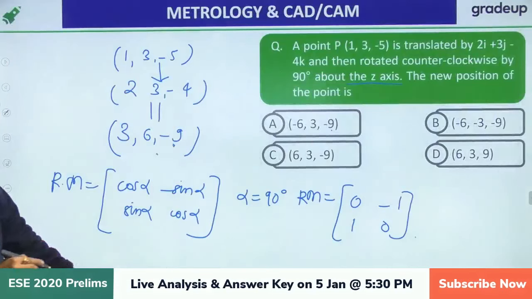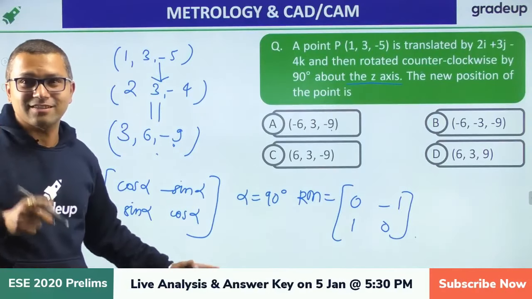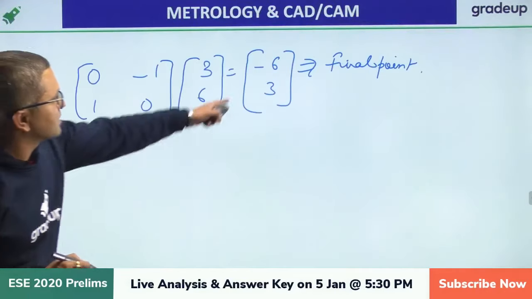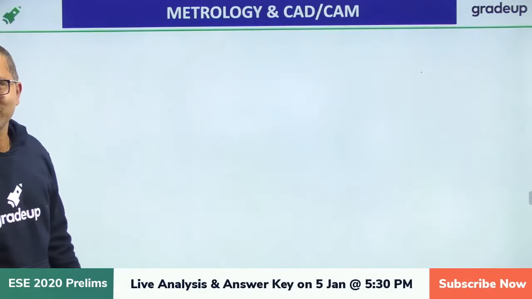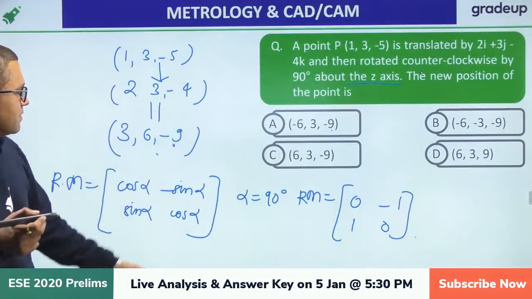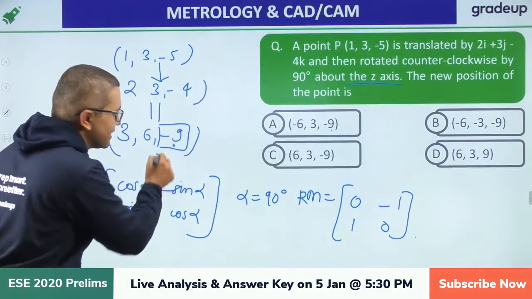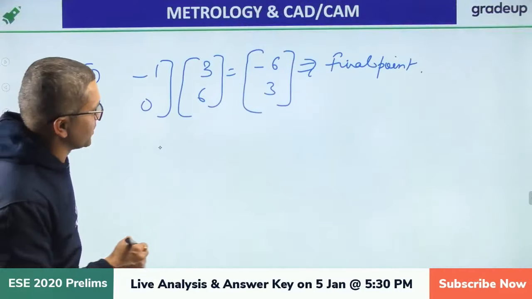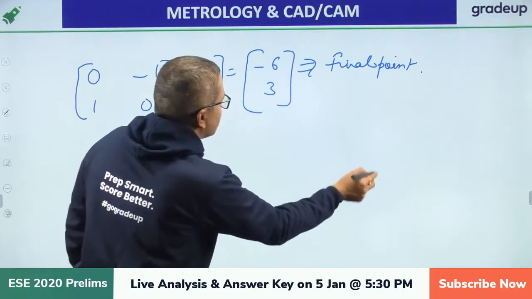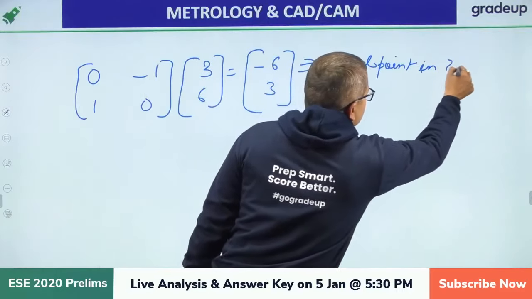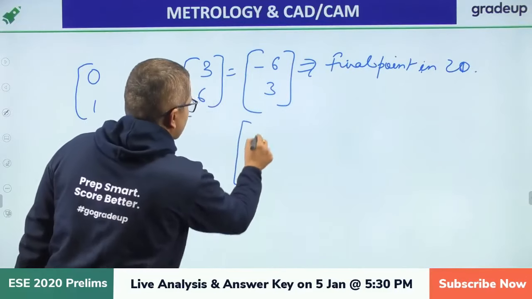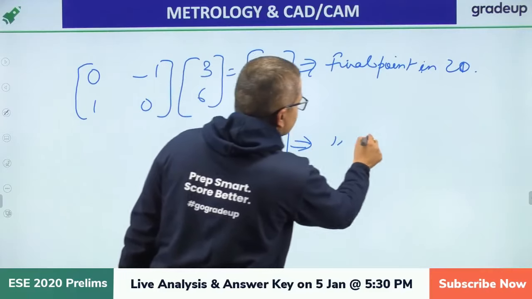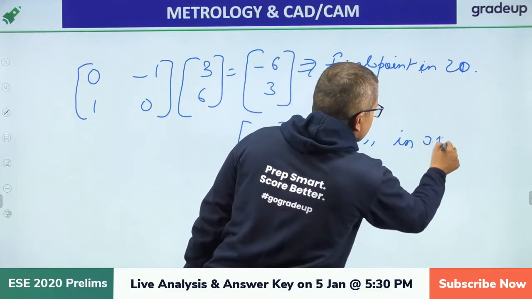This we have already discussed, the rotational matrix, I think in the last class. All right? Yes? So minus 6, 3, and the z coordinate is already going to be the same, which is minus 9, right? Because of its rotation in the xy plane, right? This is how you do it, right? So the final point in 2D, minus 6, 3, minus 9, should be final point in 3D.